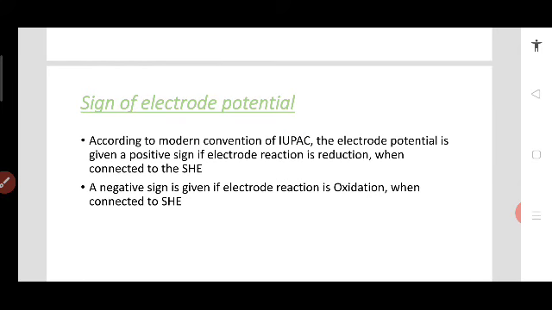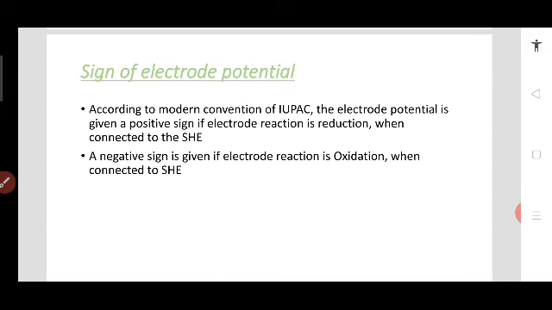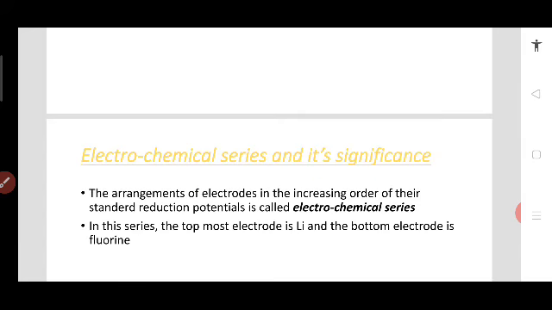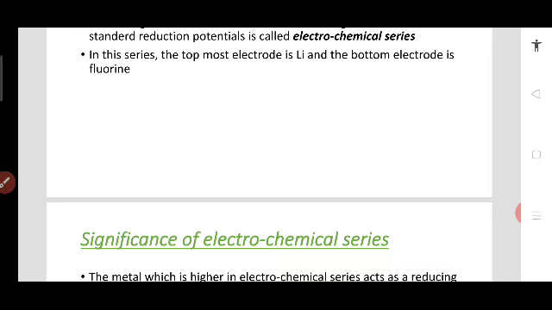What is the standard electrode potential of hydrogen? What is the functioning?